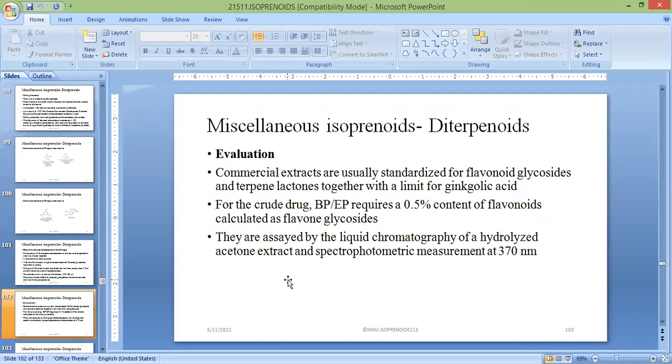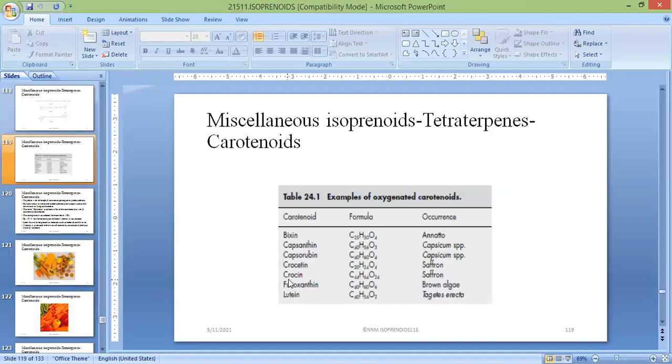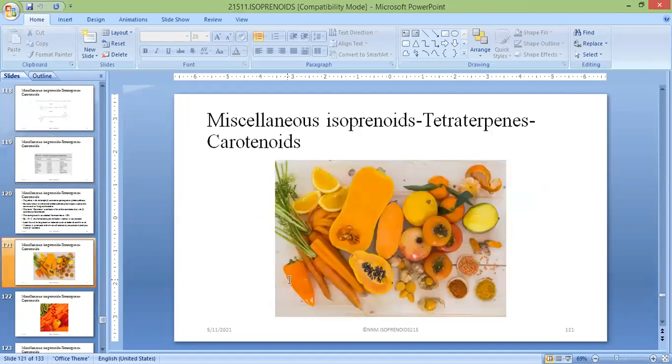I don't think I have something to add per se, but vitamin A, we said it's in beta carotene, which is a tetraterpene, but also in retinol, which is a diterpene. So is vitamin A a diterpene or a tetraterpene?